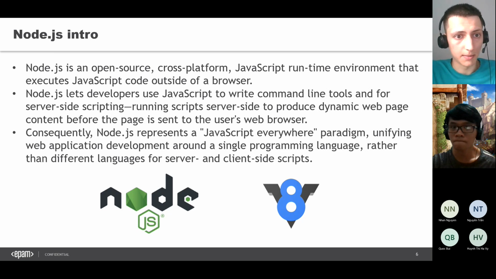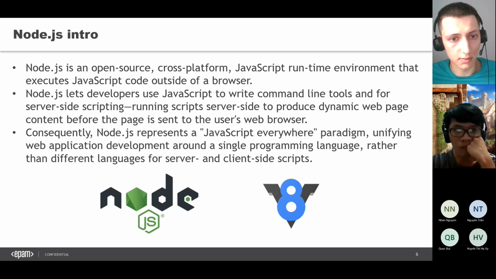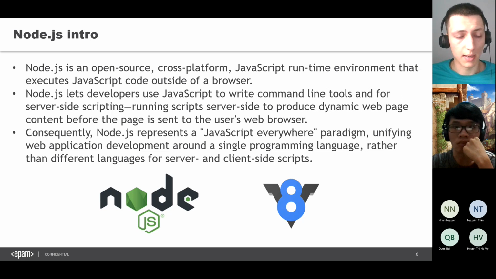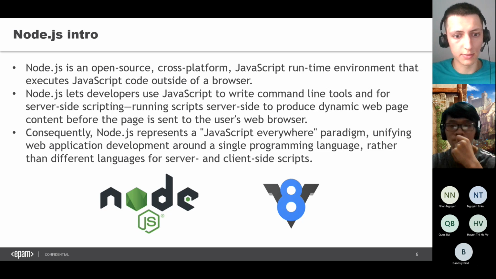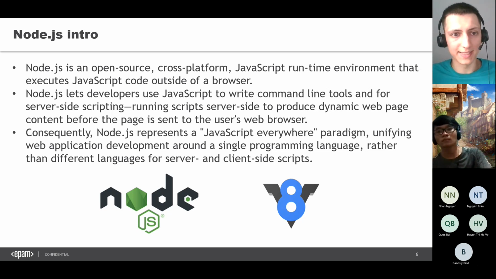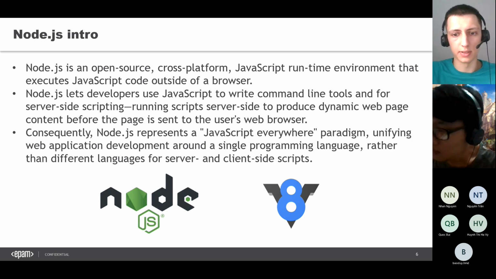And since JavaScript was improving and new features were being added over time, Ryan Dahl decided to create Node.js, JavaScript server side. Node.js was created to be able to run JavaScript code on the server, not in the browser.